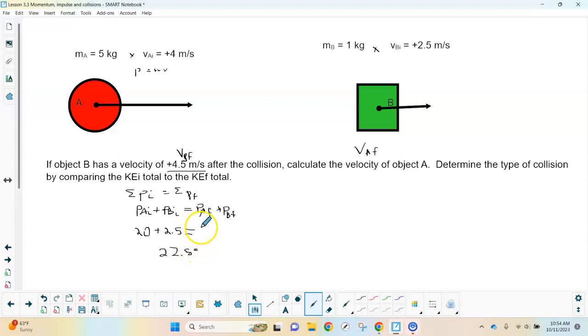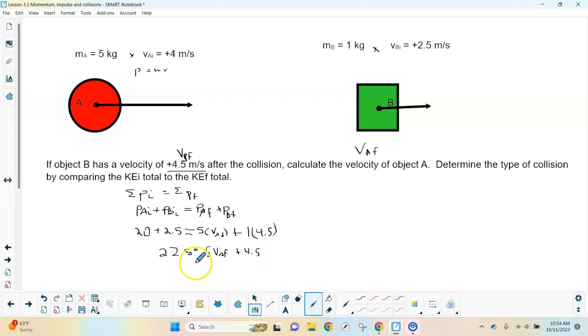Afterwards, we know that the object for A is still 5 kilograms. It didn't change mass, but we're looking for VAF. So we're not sure what that value is. And the problem described that the 1 kilogram object is going at 4.5 meters per second. So you'd get 5 VAF plus 4.5.